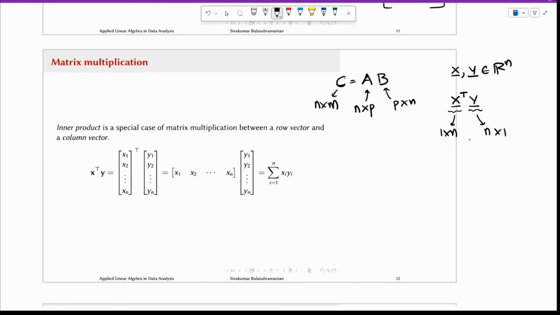All I've said is one is a row vector, the other is a column vector. These two n's are the same, which means they disappear. So when you multiply this, what you get will be 1 cross 1, which is nothing but a scalar. The product takes two n vectors and produces a scalar. Okay.